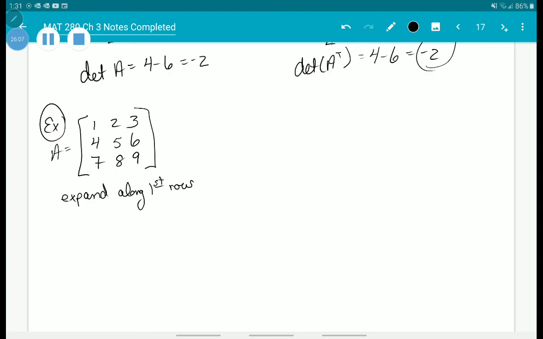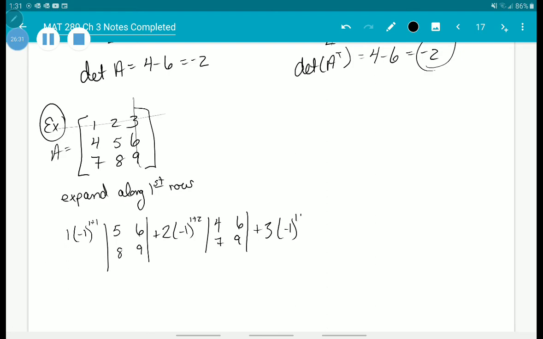So we're going to have 1 times negative 1 to the 1 plus 1 times the determinant of 5, 6, 8, 9, plus 2 times negative 1 to the 1 plus 2 times the determinant of 4, 6, 7, 9, plus 3 times negative 1 to the 1 plus 3 times the determinant of 4, 5, 7, 8. So if we were to expand along the first row, that's what we would have.